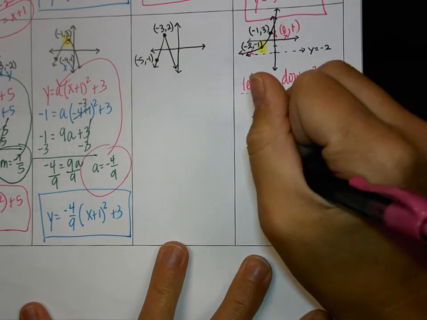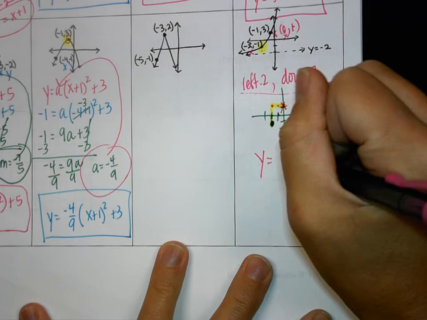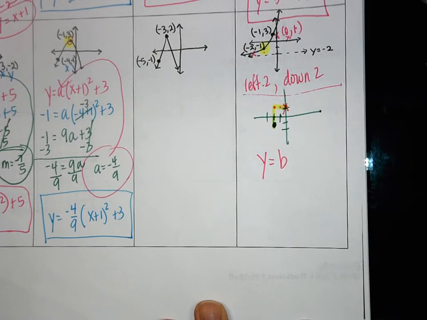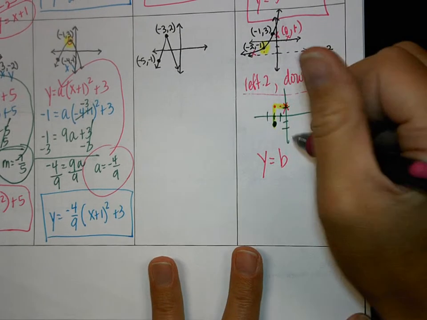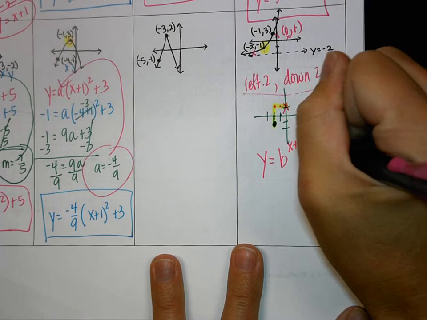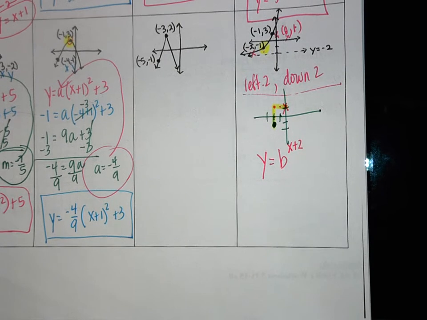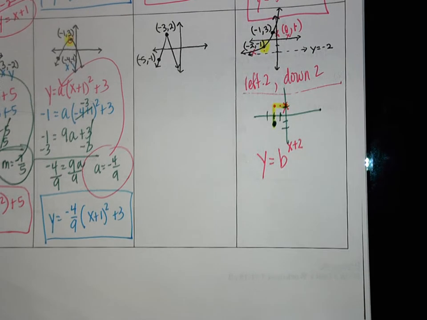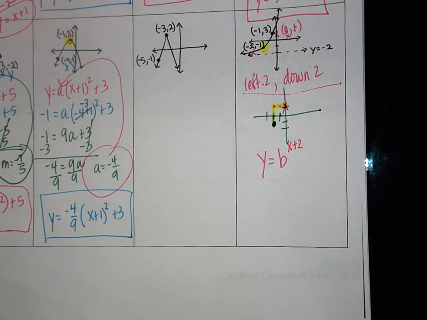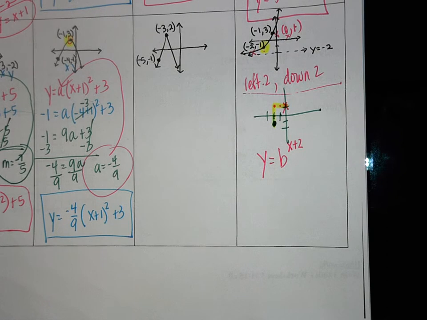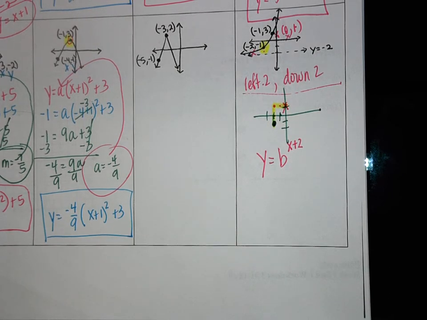Y equals B to the what? X plus 2. Where did that plus 2 come from? Tell in your groups right there. How did I get that plus 2? Can somebody say it really loud? What happened for me? Left 2, so it's plus 2.